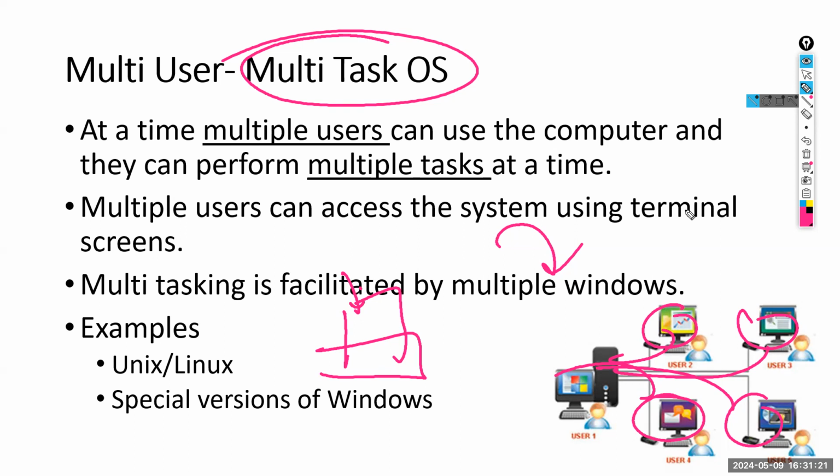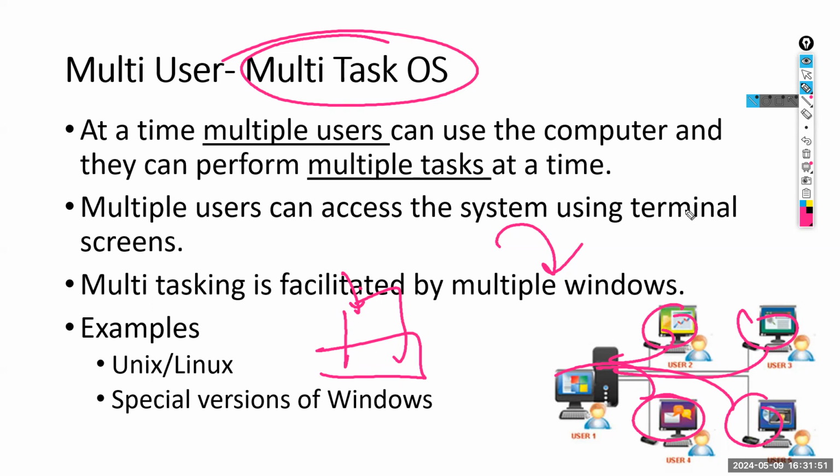Right. So the famous examples for multi-user multitask operating systems are Linux and Unix. From the very beginning, those two operating systems, of course Linux came later, first came Unix, happen to be multi-user multitasking, even though they were command line.